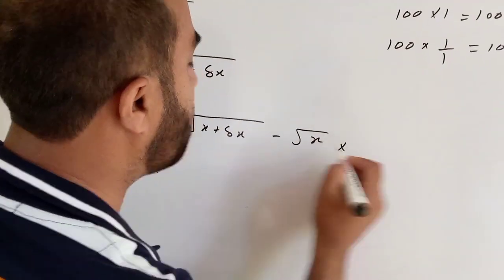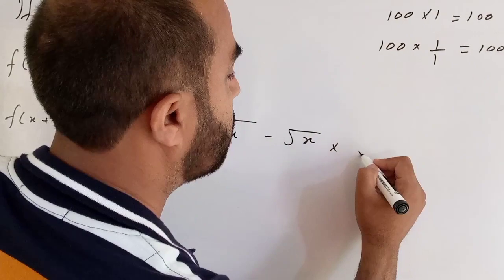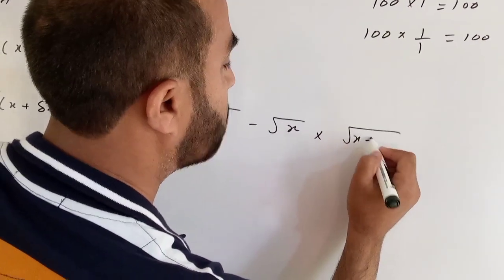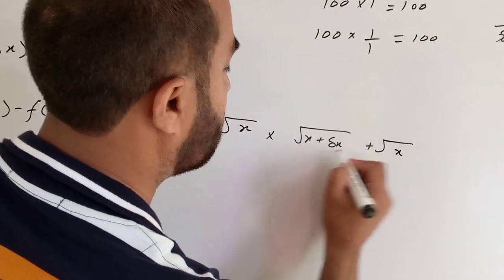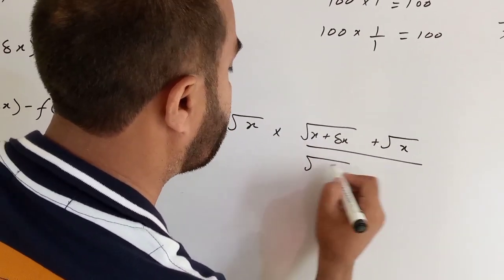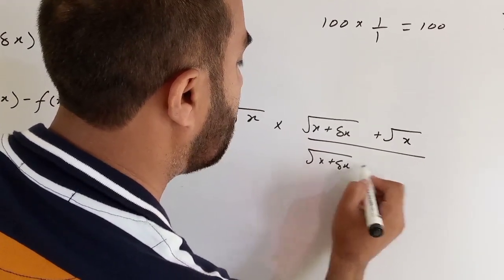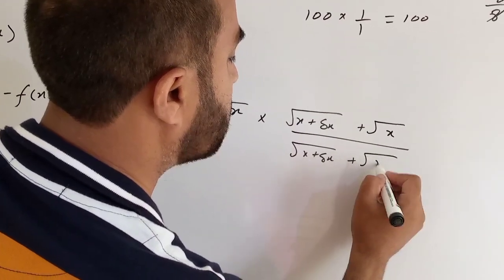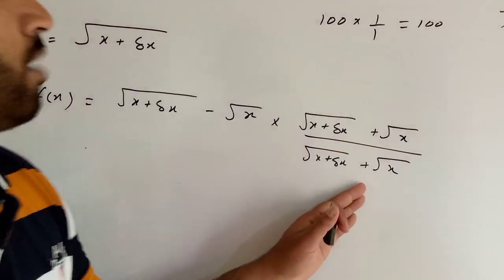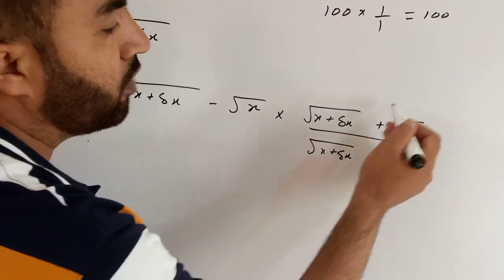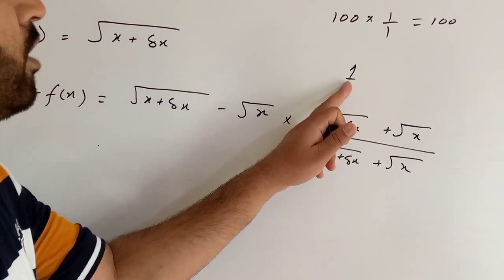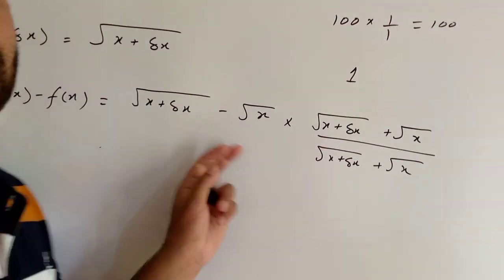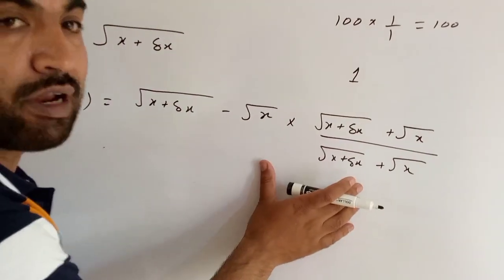We have to multiply this term by square root of x plus delta x plus square root x, divided by square root of x plus delta x plus square root x. This is the same term, so if we divide, we get 1, and multiplying by 1 doesn't affect it. In this way we can rationalize.